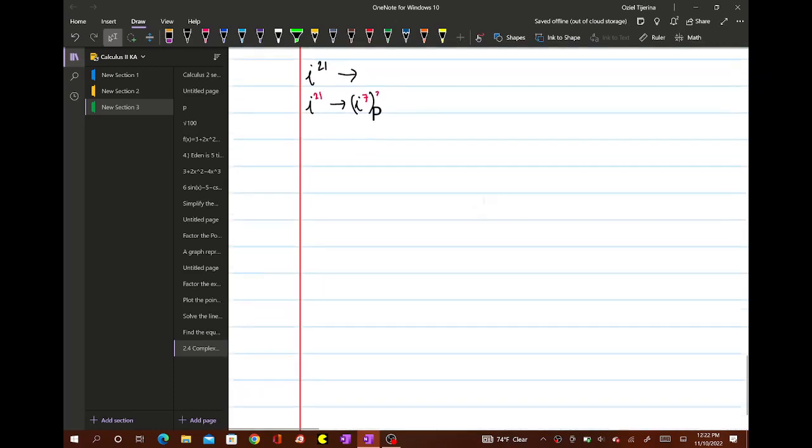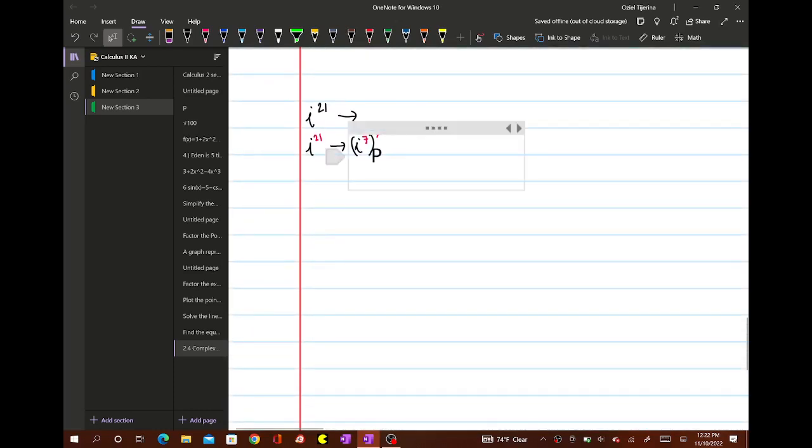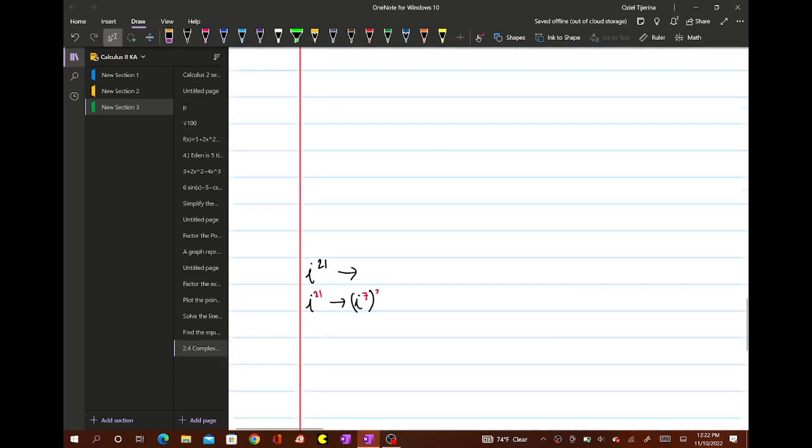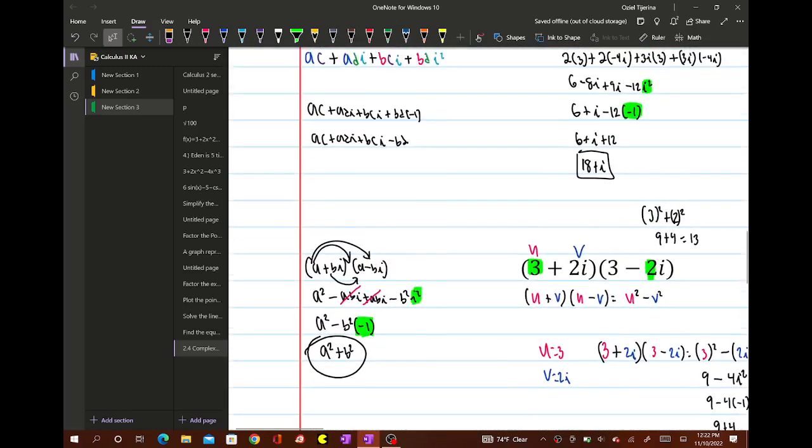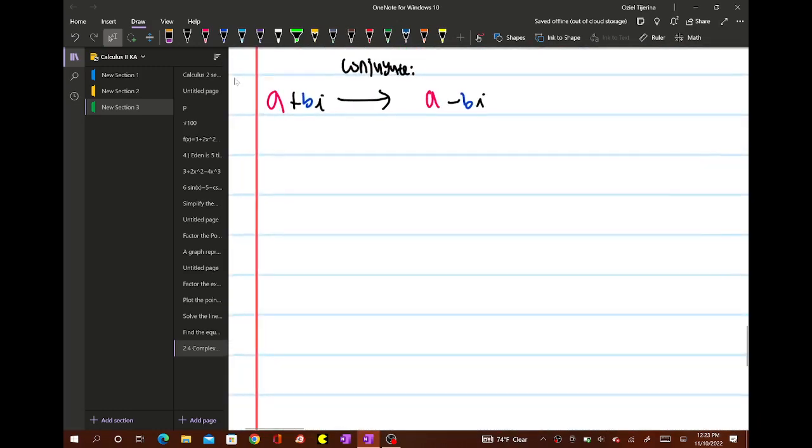And then another thing, and I think this is the last thing that I wanted to go over. Actually, there was one more thing. Dividing complex numbers.